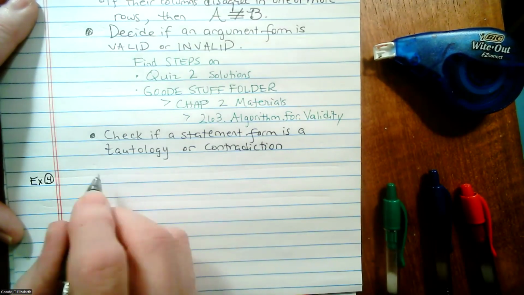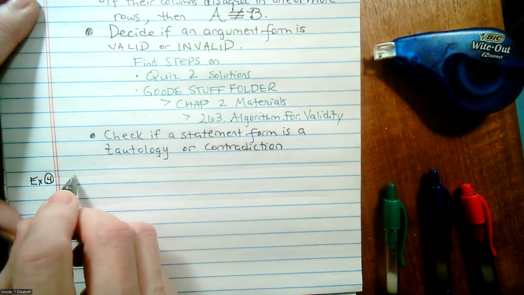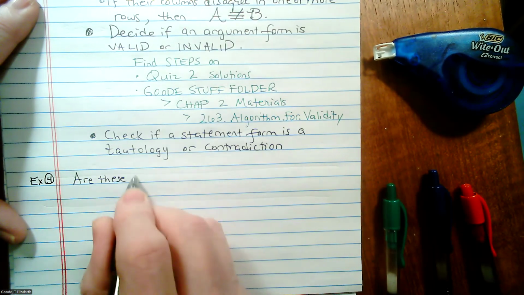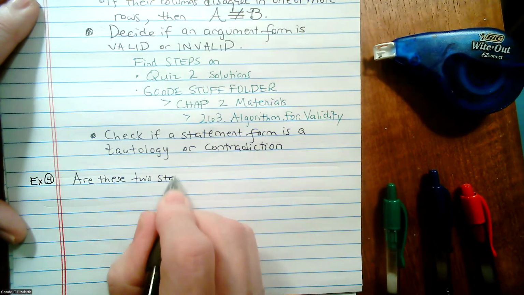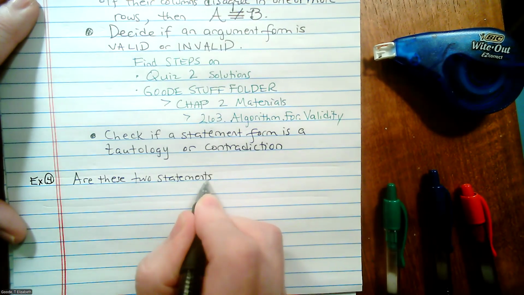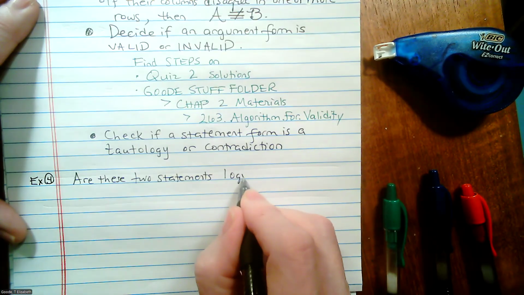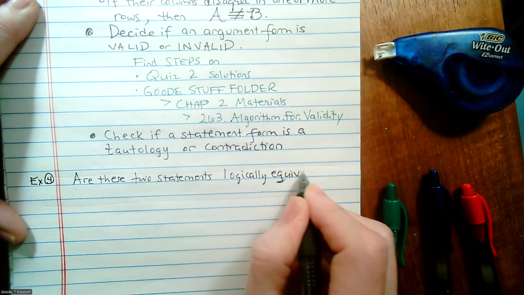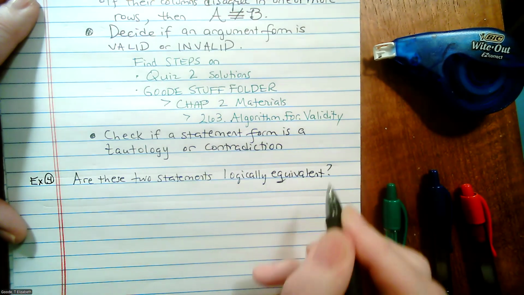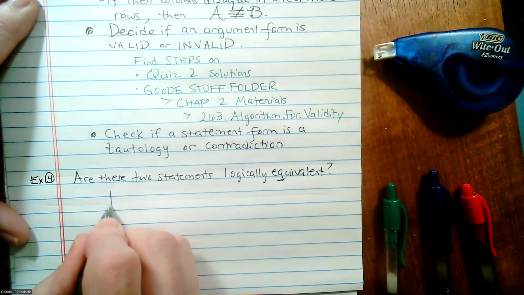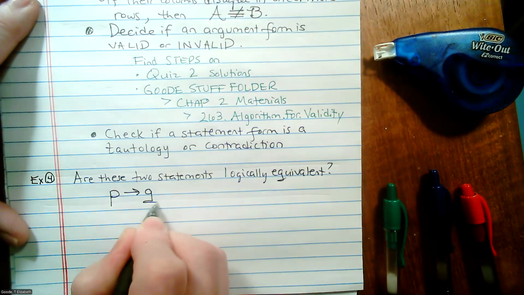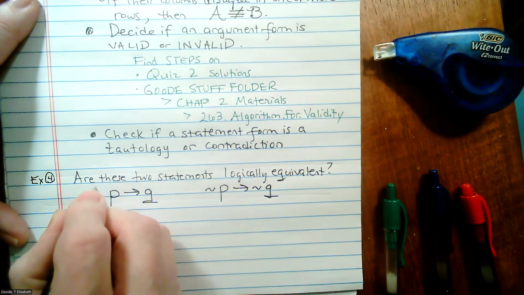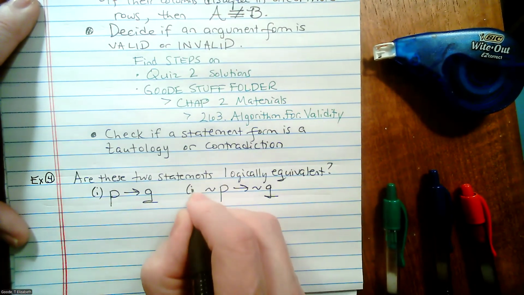Well, listen, let's just say we're asked this. Are these two statements logically equivalent? P implies Q, not P implies not Q. Okay, so we'll call this one 1 and this one 2.